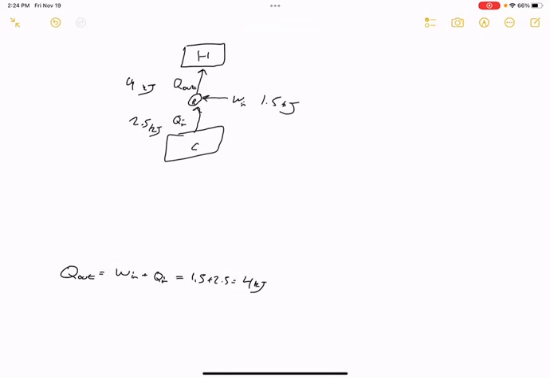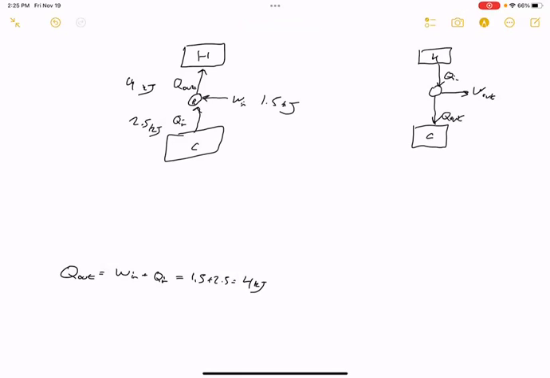Now, what you'll notice about this entire system is that it's the exact opposite of a heat engine. If we look on the side at what a heat engine does, we have the hot area and the cold area, being the boiler and the condenser. And our goal is to output work by putting in heat from the hot area. And of course, by the second law, we're going to have some amount of heat wasted to the cold area.